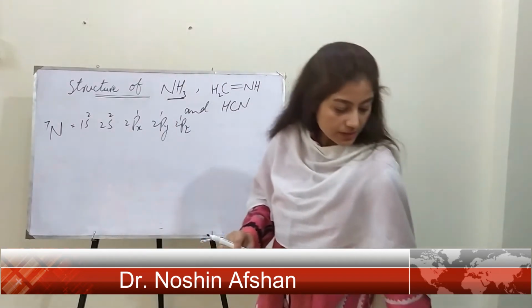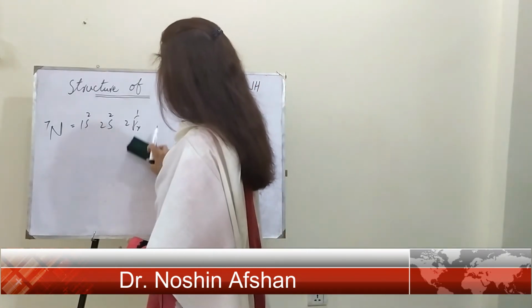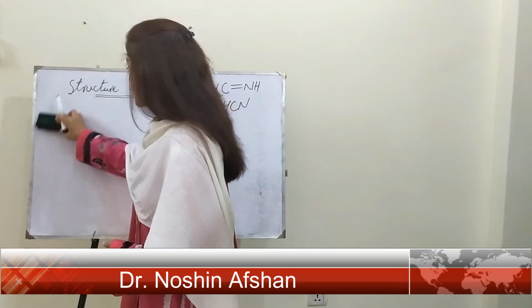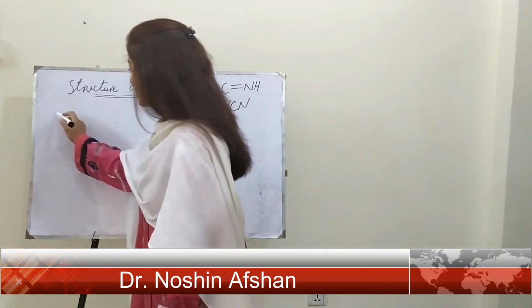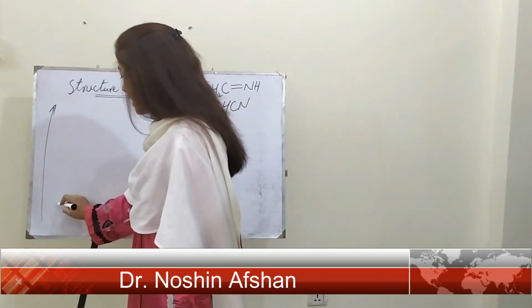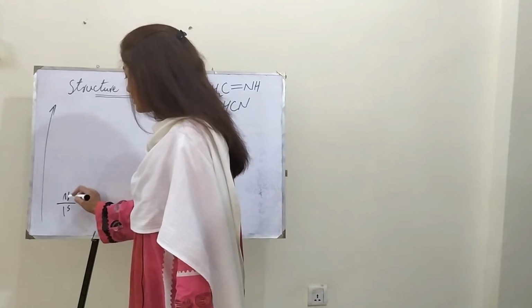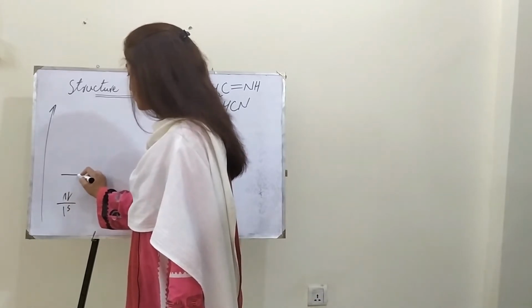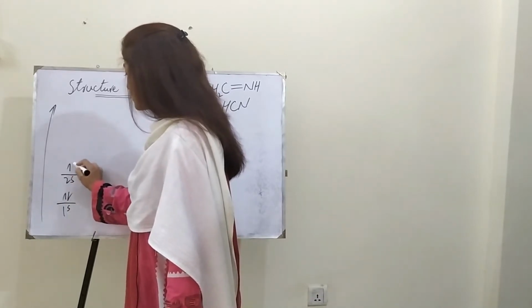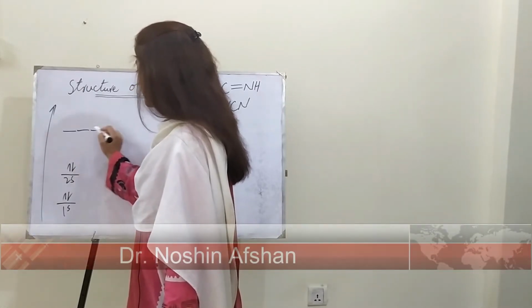And if we draw all these atomic orbitals according to their energy level, then it becomes like this. The energy level would increase from bottom to top. Here at the ground state, 1s orbital would contain 2 electrons, 2s would also contain 2 electrons, then 2px, y and z.